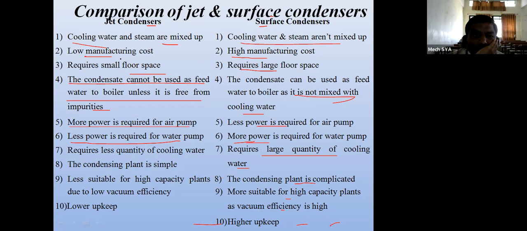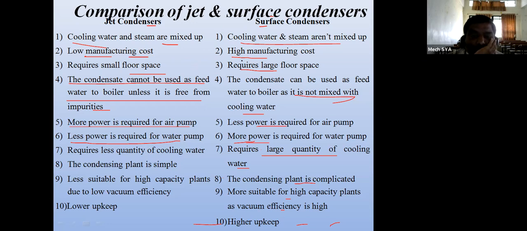Here the cooling water flows in the form of tubes, and the steam flows around them. A jet condenser is very simple in construction, only one vessel is required where mixing takes place, so it has a low manufacturing cost. In a surface condenser, we have to go for piping for the water and a shell around them for the steam.